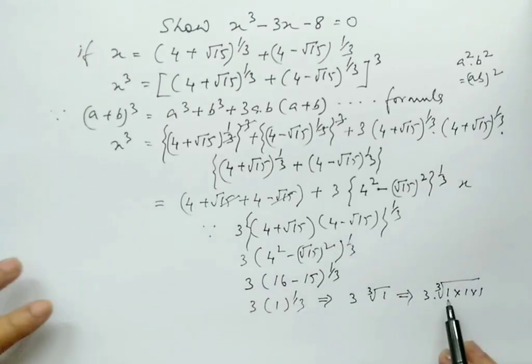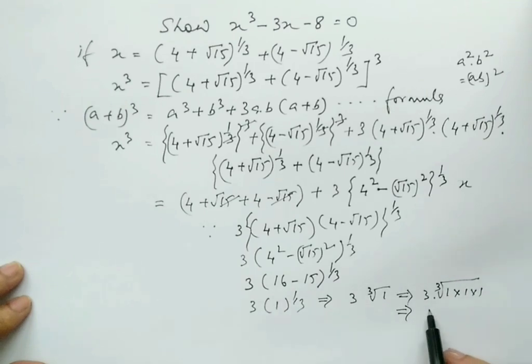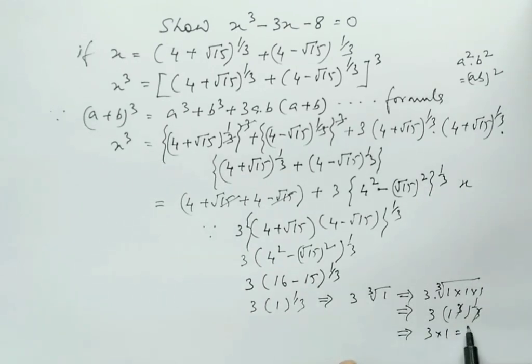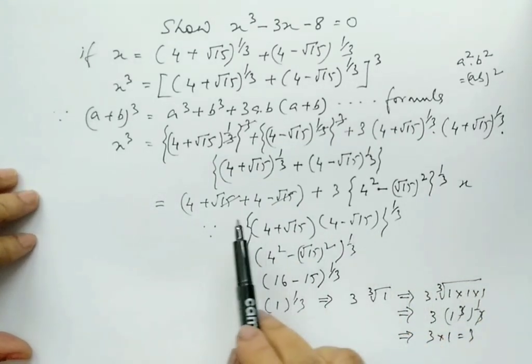Okay, so 3 into 1 cube, multiplied by 1 by 3. The 3 gets cancelled, so my final answer is 3 into 1, which is equal to 3. Correct?